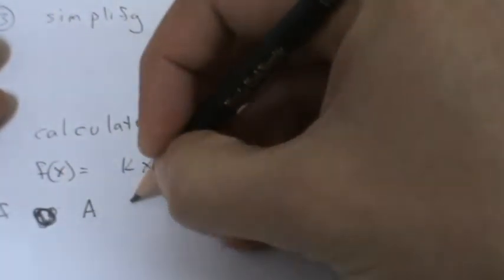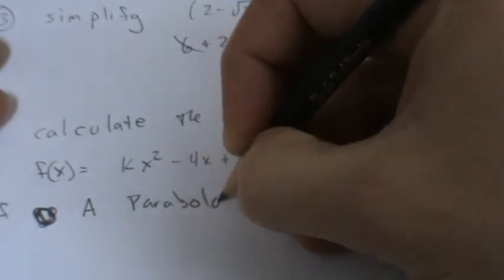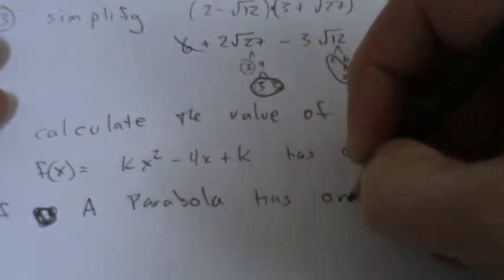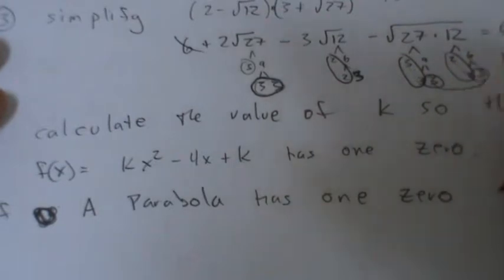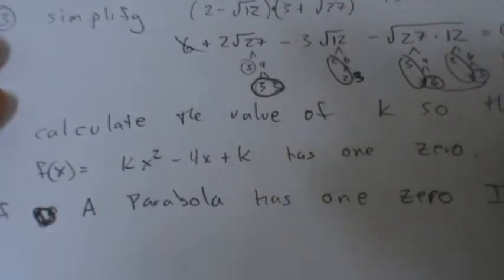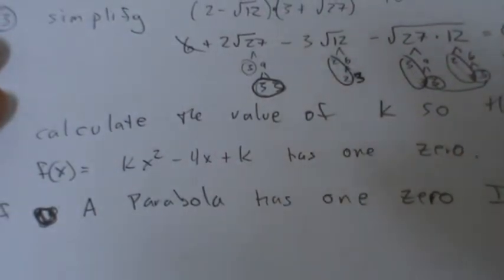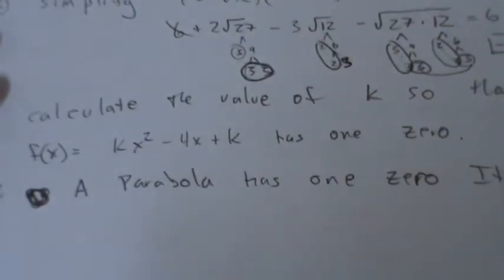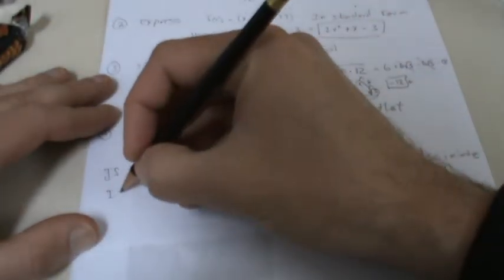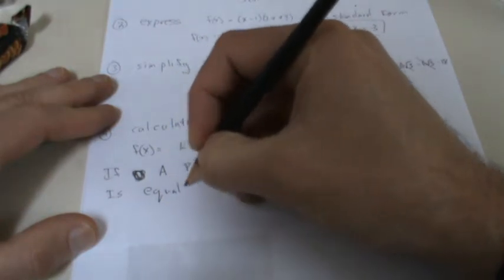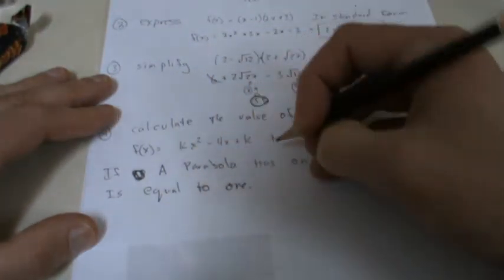In order to have 1, 0, if a parabola has 1, 0, its discriminant is equal to 0.